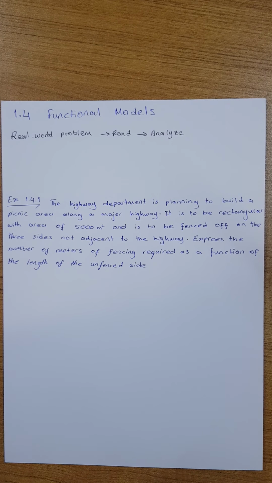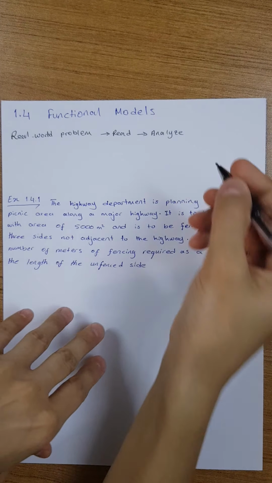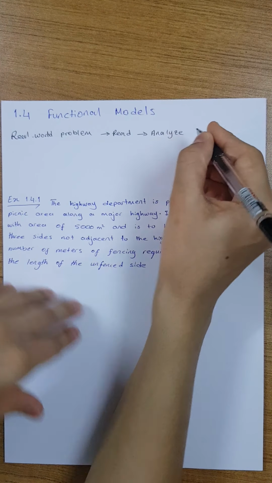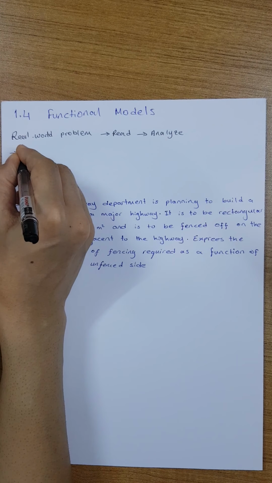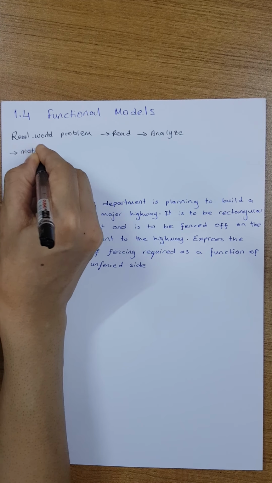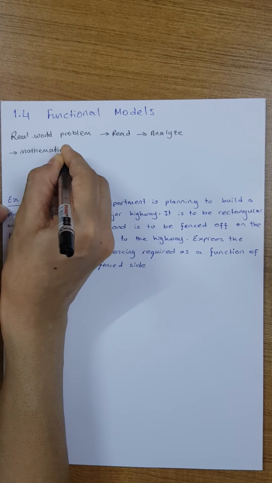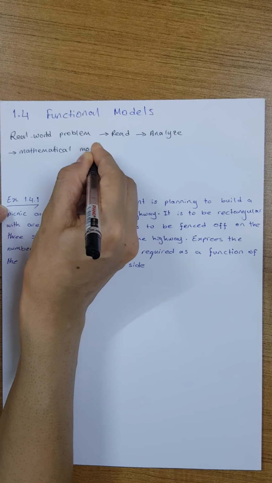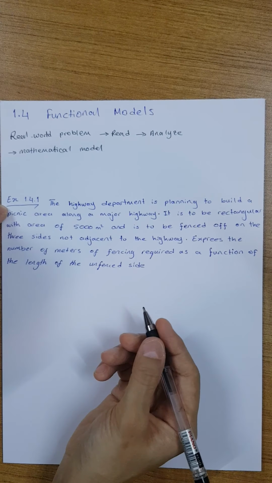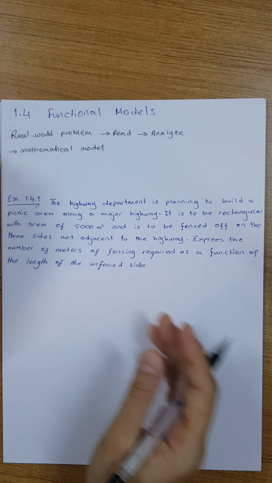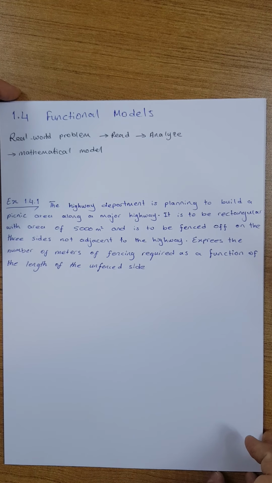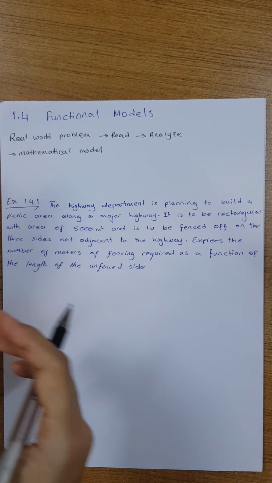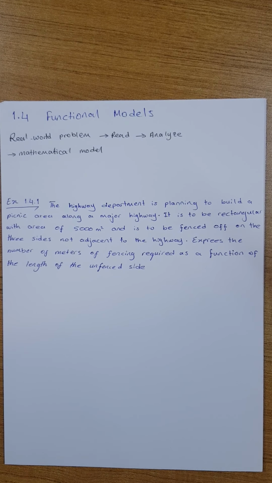And then after analyzing that word problem, we are changing the word problem that we have got into a mathematical model, okay? What does that mean? We are changing it to something like a mathematical equation, so that it can be solved. We can deal with the equation that we have got.